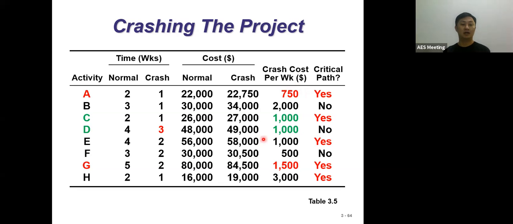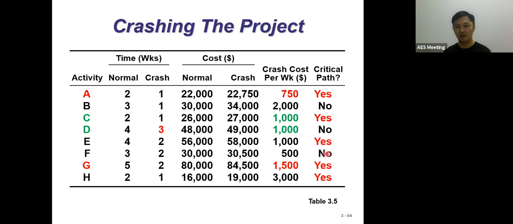Activity A, activity C, activity E, activity G, and activity H. Now I ask you one question: based on these 5 activities, which activity has the lowest cost? Some of you might say 500. Yes, 500 is a lower cost, but this is not under the critical path, so we do not consider it.